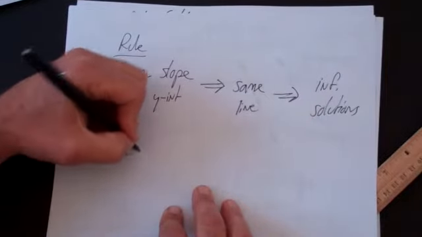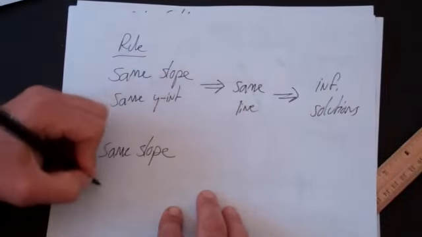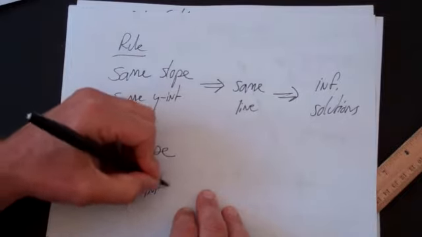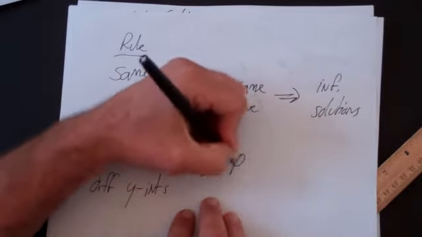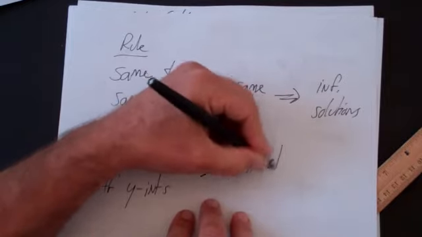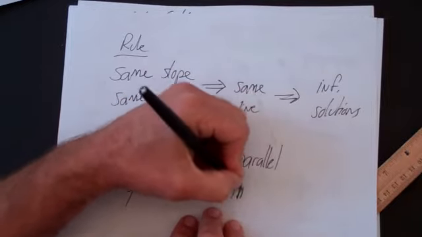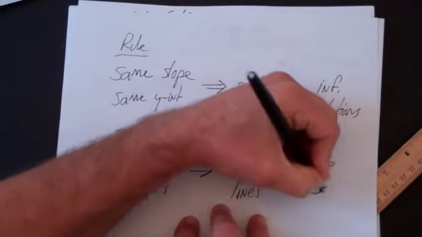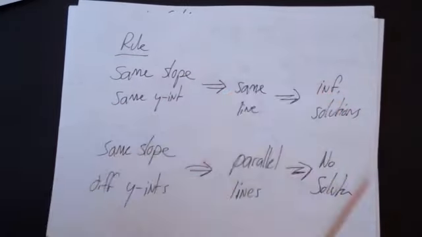If they're the same slope but different y-intercepts, that means they're parallel lines, and if they're parallel lines, that means there are no solutions. And that's how you solve these problems.